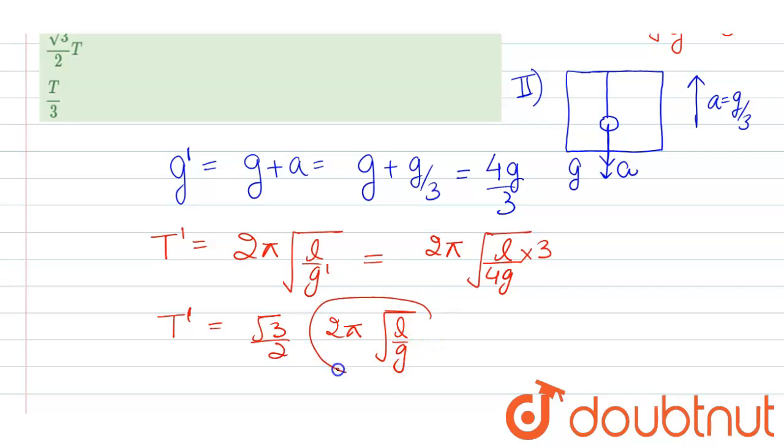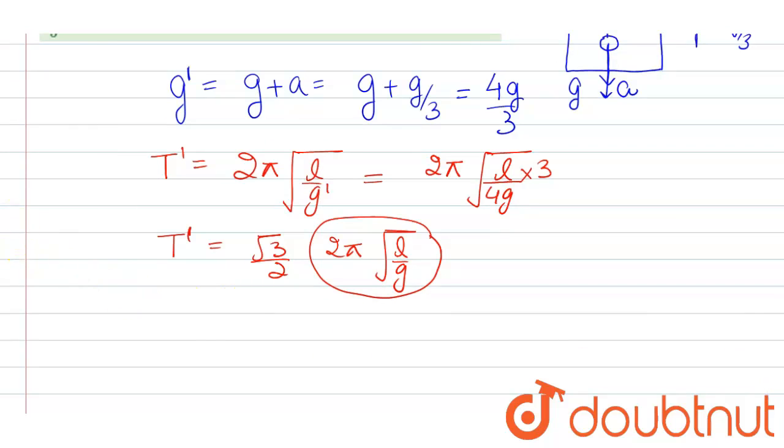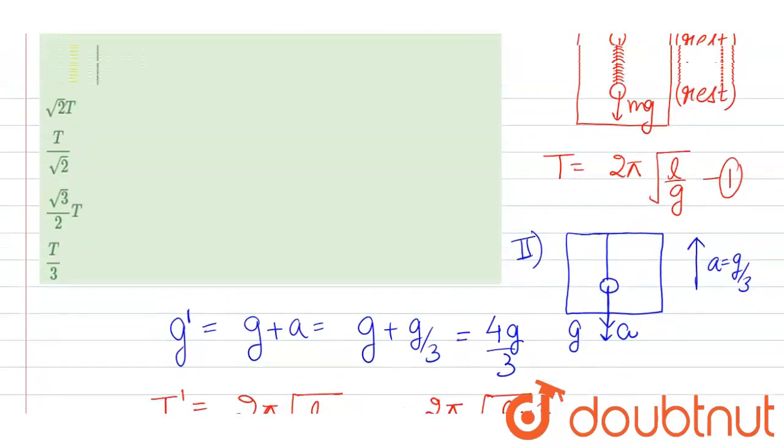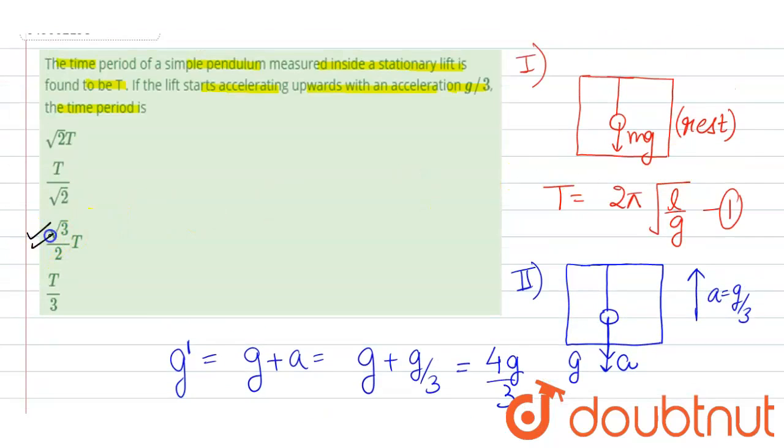Now this can be written as T. So the final answer is T dash equals root 3 by 2 into T. So the correct option in this question will be option C.